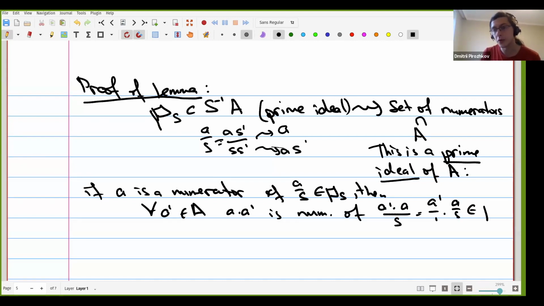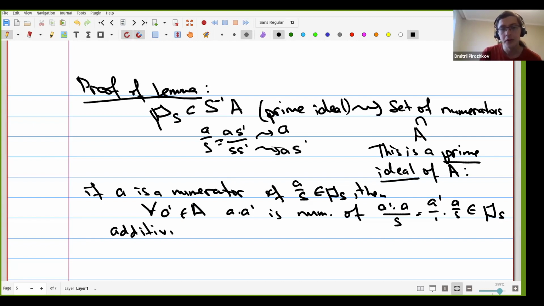So this also lives in the ideal P_S. So this shows that the set that we get is closed under multiplication by arbitrary elements of the ring A.